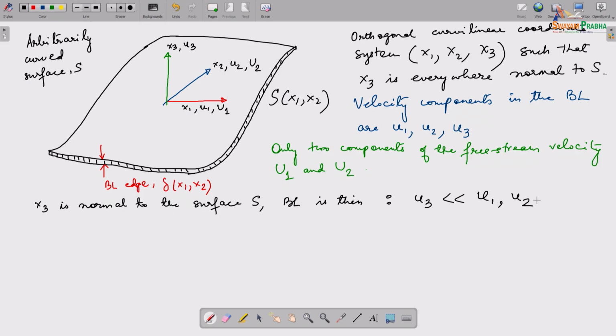So basically we are saying that the velocity component in the direction perpendicular to x1 and the other coordinate is much smaller than the velocity components in those two coordinates.